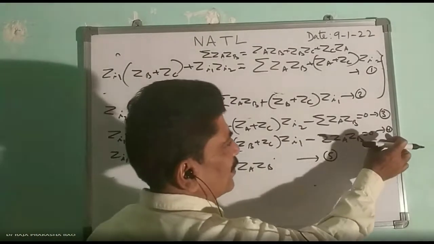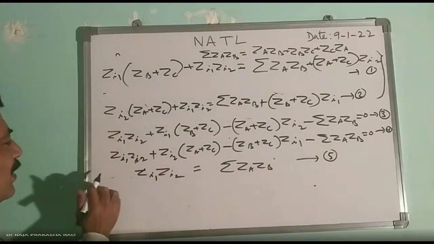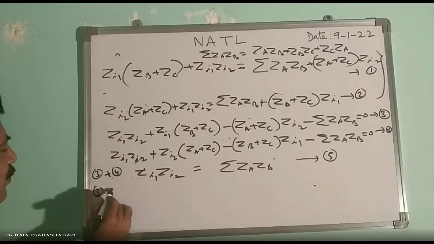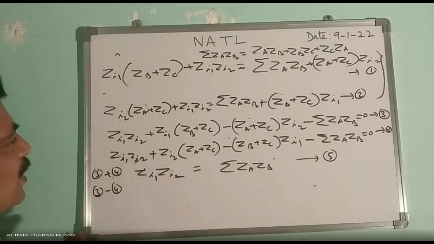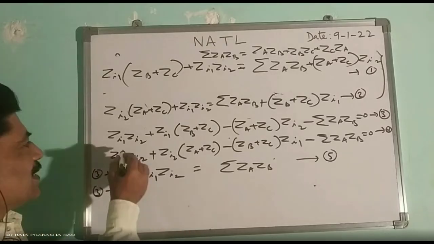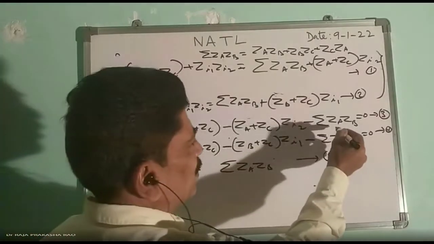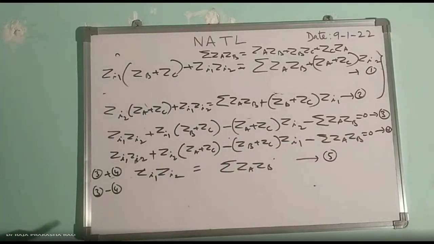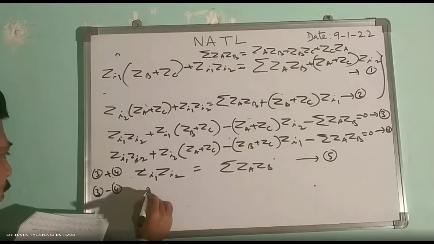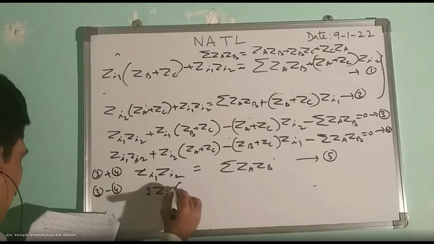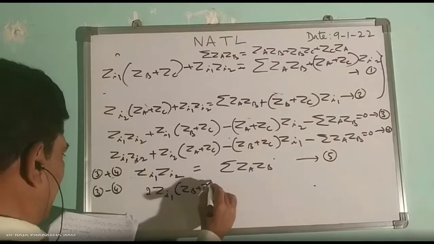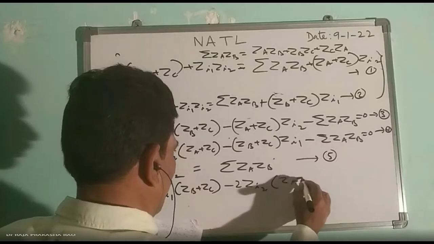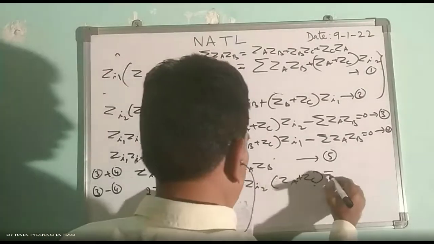The first time we added equations 3 and 4. Now equation 4 is subtracted from equation 3. If we subtract, what are the terms that will be cancelled? Zi1 Zi2 will go off, and sigma Za Zb will go off. So finally, subtracting 4 from 3, you will get 2 Zi1 into Zb plus Zc minus 2 Zi2 into Za plus Zc equal to 0.